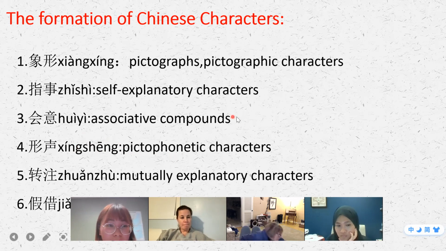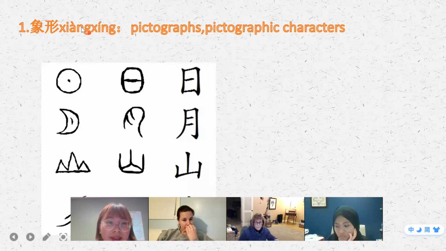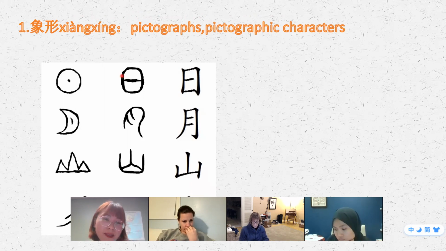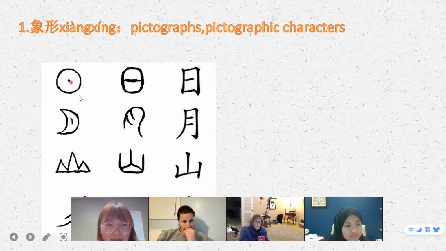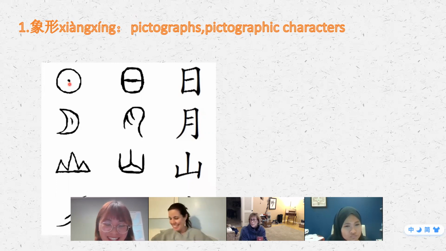Let's go on with 象形, the pictographs. Can you guess what this is? Sun, yes.